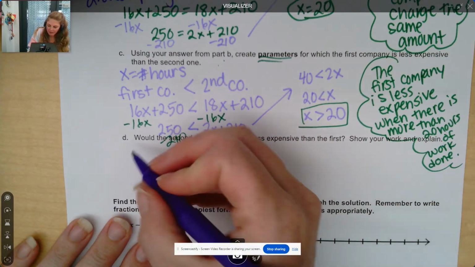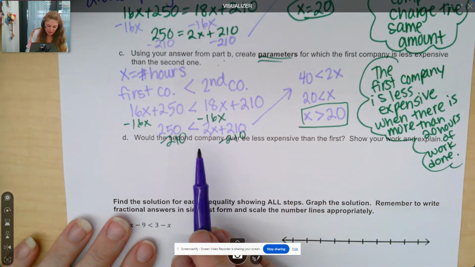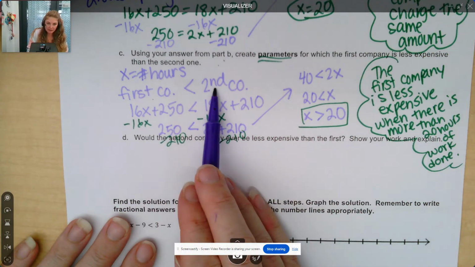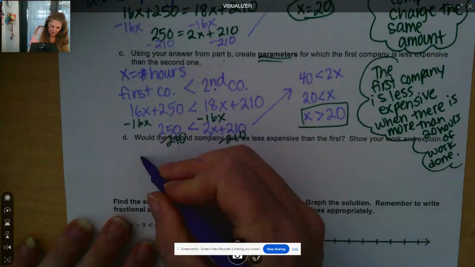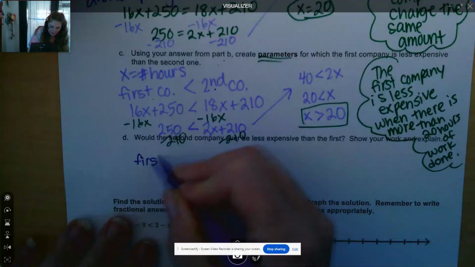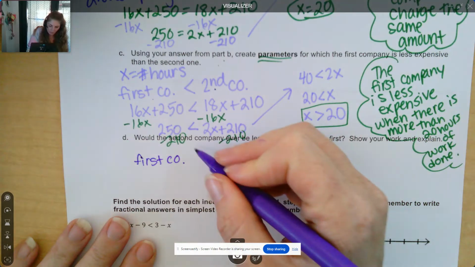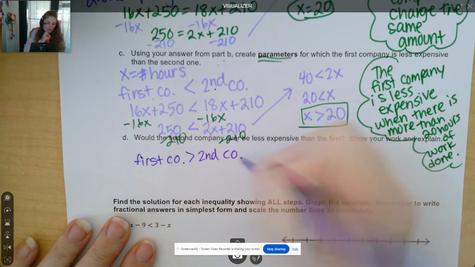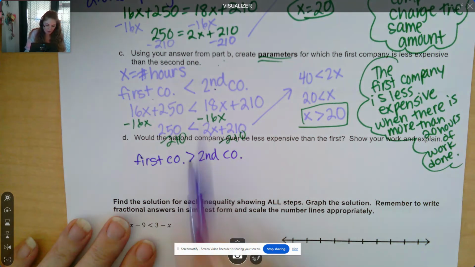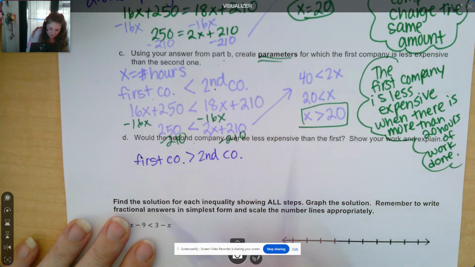And we can think about that again. If we had first company is less than second company, this question is asking, when is the first company more expensive than the second company? So you could think about just flipping your inequality symbol for all of these steps above.